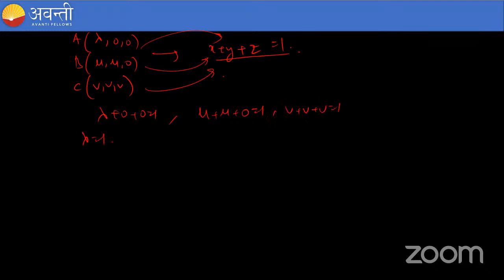So you get λ value as 1, μ value as half, and v value as 1 by 3 from these three equations.